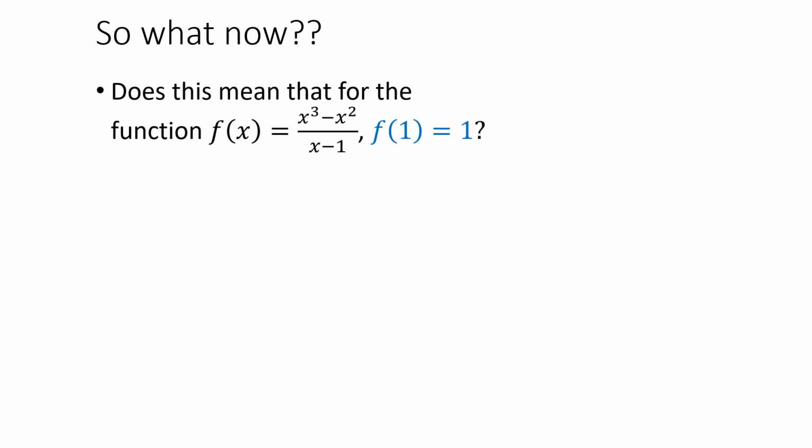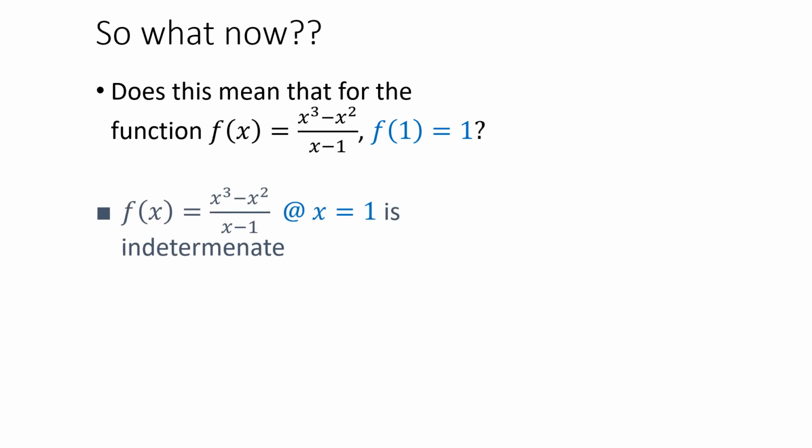Our focus in limits then is not the value of the function at 1. So does that mean that for the function given a while ago, f of 1 is equal to 1, just because it behaves that way? The answer is no. f of 1 is still indeterminate. Even if it seemingly goes to 1, it's still indeterminate.